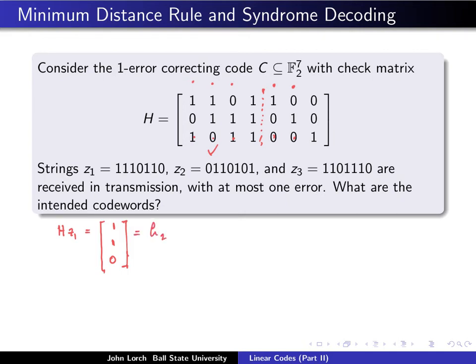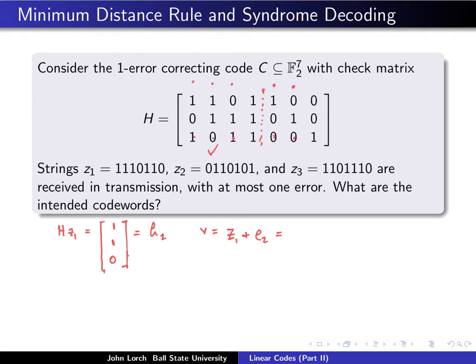And so what that means is that, if we apply the previous theorem, the original code word must be Z1 plus E2. So how do we obtain that sum of Z1 plus E2? Remember, E2 is the string that has a 1 in the second slot and zeros elsewhere.